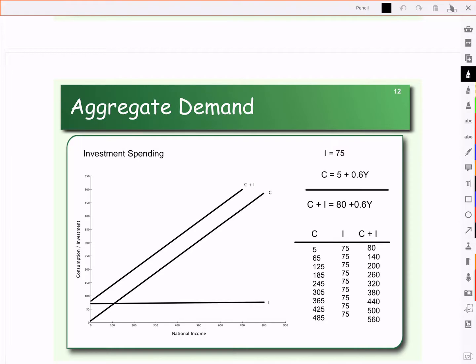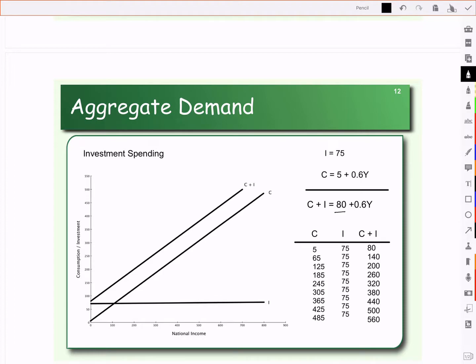So we're building towards our aggregate expenditures, our total spending, and so the first part of the aggregate expenditure function is C plus I. So we can find C plus I by adding up our formulas for investment spending and consumption spending. What we do is we add up the numbers in each of the formulas that don't contain a Y. So notice investment spending is just 75 and the consumption spending formula has a 5 in that formula. So 75 plus 5 gives us 80.